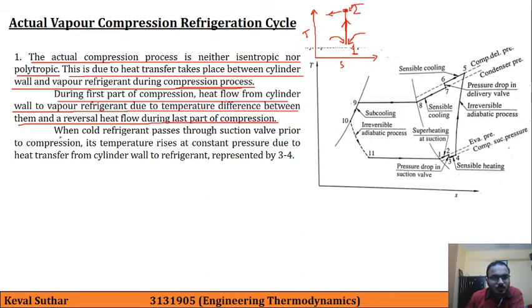When the cooled refrigerant passes through the suction valve prior to the compressor, its temperature rises at constant pressure due to heat transfer from the cylinder wall to the refrigerant, and this is shown as 3 to 4. So let me show it over here. We are discussing this point.